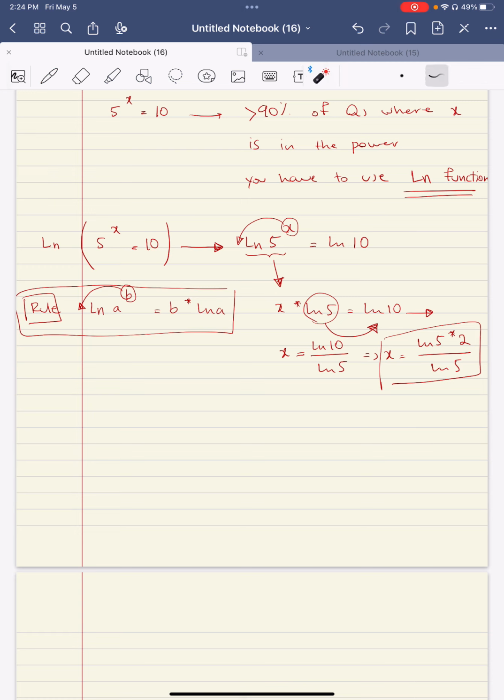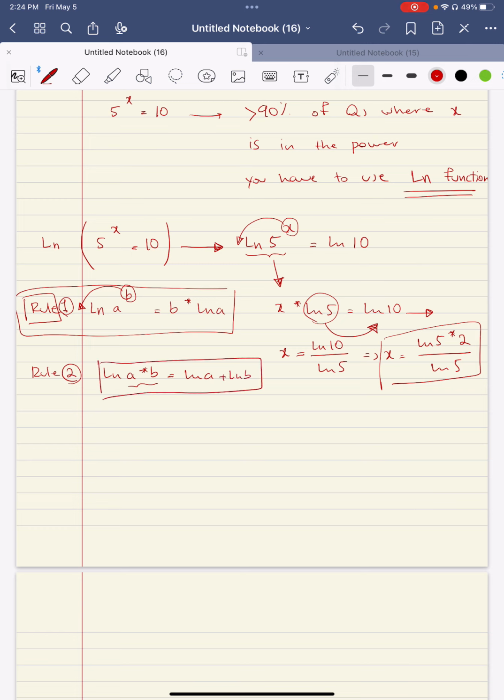I wrote the 10 as 5 times 2. So we have another rule, so I'm going to call them rule 1 and rule 2 in ln's. Whenever you have a multiplication in here, you can write it as ln a plus ln b. That's another rule.